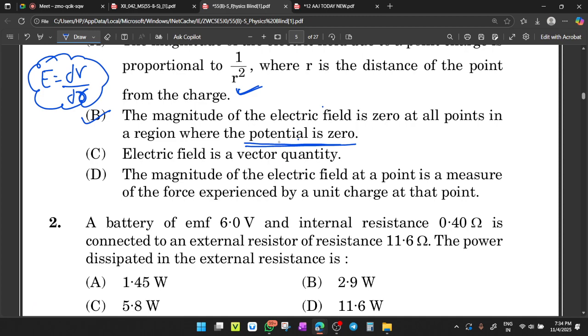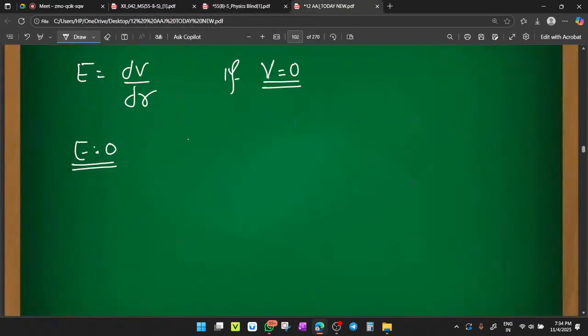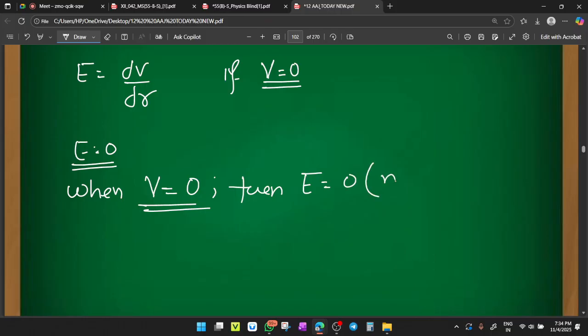Write it: when potential at a point V equals 0, then E is necessarily 0.